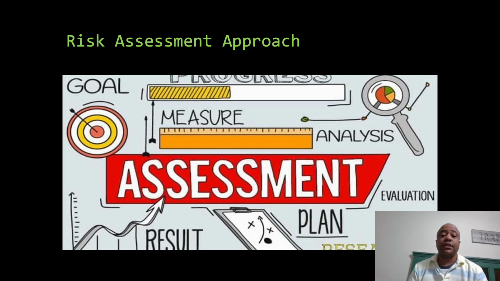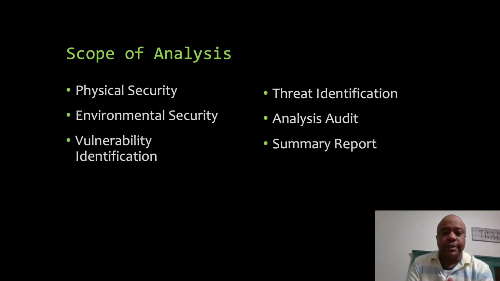Now I'm going to discuss the risk assessment approach that our team took. This slide details the scope of the analysis. We looked at several different components when we were looking at the risk for our application. First, we were looking at physical security. So how secure is the location where the developers are working, where data is housed, where our servers are housed.